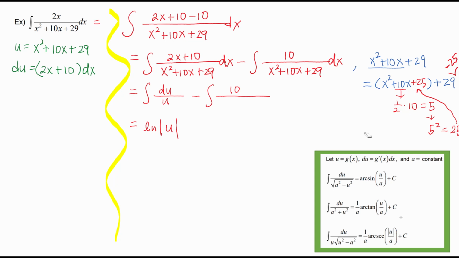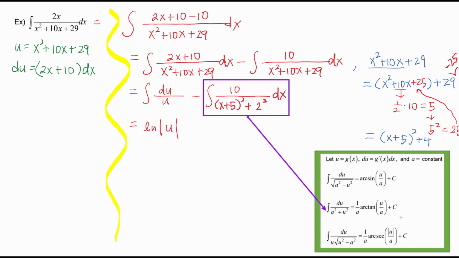Then now you're almost done with completing the square, and this expression is equal to x plus 5 squared, plus 29 minus 25, which is plus 4. So my denominator can be rewritten as parentheses x plus 5 parentheses squared plus 4, and 4 is 2 squared, dx. Have you seen something like that before?